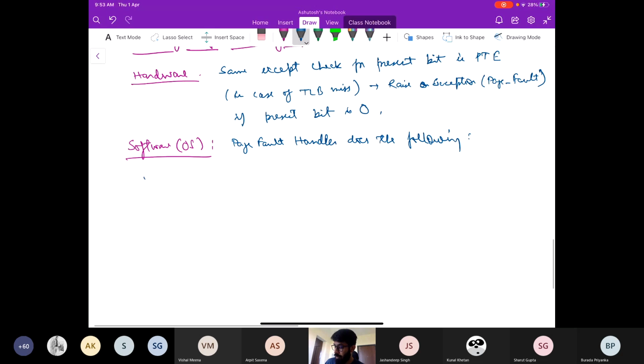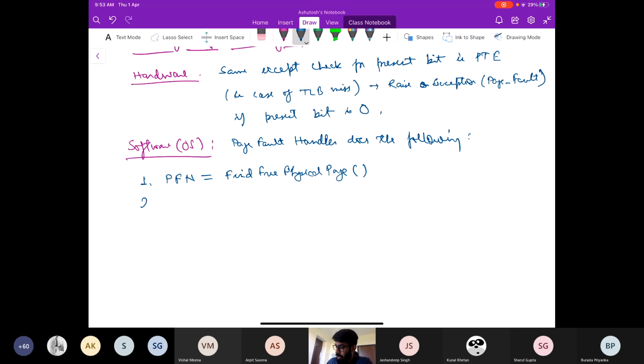So suppose first it will find the physical frame number, which is where the page is going to be brought. So find a free physical page.